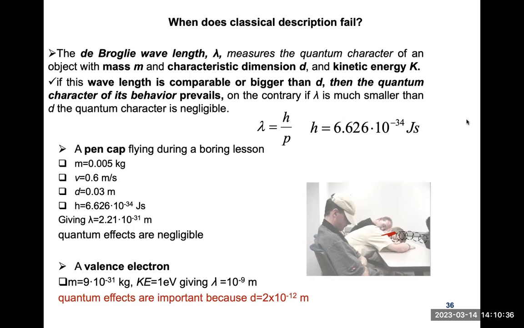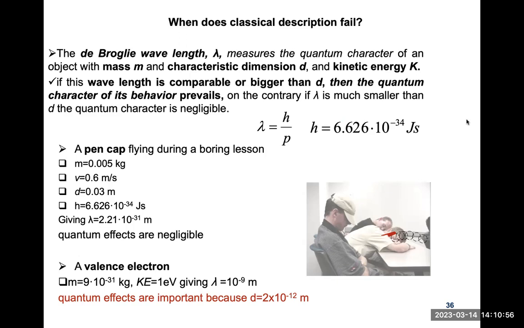And this here is an example, a pen cap flying during a boring lesson, and illustrated here is a mass of 5 grams and flies at 0.6 meters per second, and the Planck constant is given.